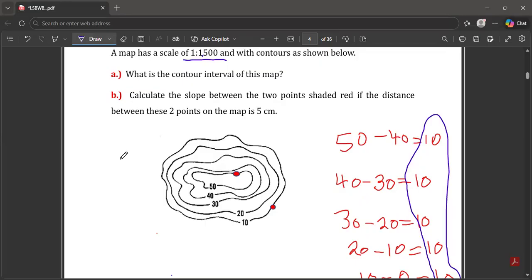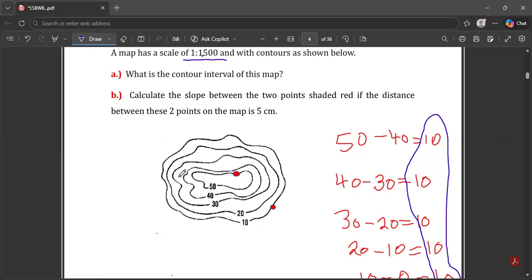Calculate the slope between the 2 points shaded red, if the distance between these 2 points on the map is 5 centimeters.